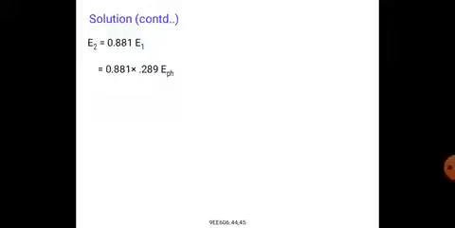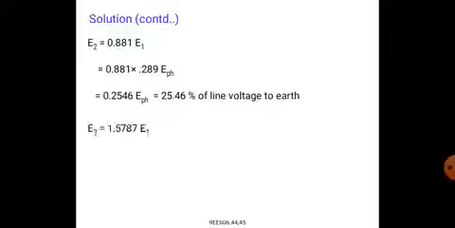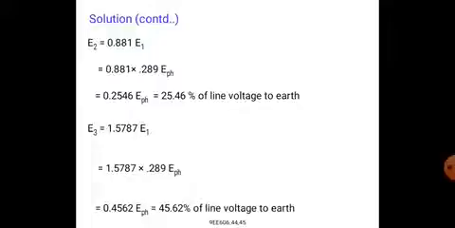So E2 is 25.46% of line to earth voltage. Similarly, E3 is equal to 1.5787 E1, that is 0.456 E phase, which is 45.60% of line to earth voltage.